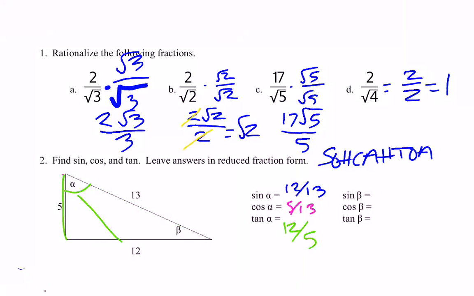Now we're going to switch gears, and we are going to look at beta. That's what that B is called, beta. So looking at beta, if I want to do sine, that would be 5 over my hypotenuse, which is 13.